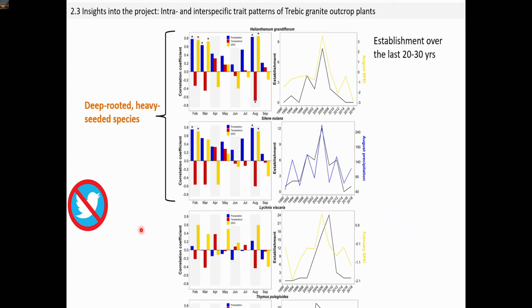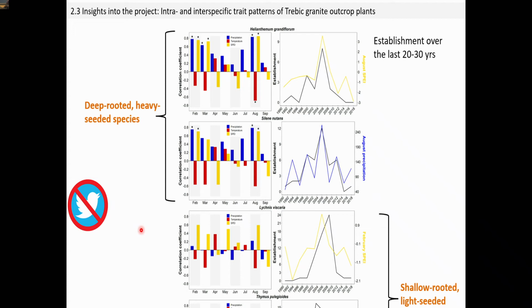Helianthemum and Silene are deep-rooted, heavy-seeded species, whereas Lychnis and Thymus are shallow-rooted, light-seeded species. As you can see, the 2 upper panels are quite responsive, especially to winter and summer drought, temperature, and precipitation. Whereas for the other 2, the establishment is almost completely unrelated.